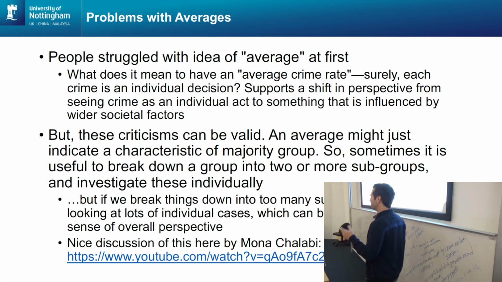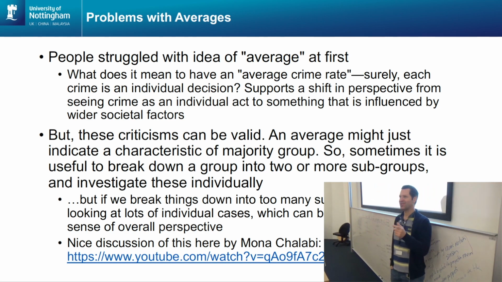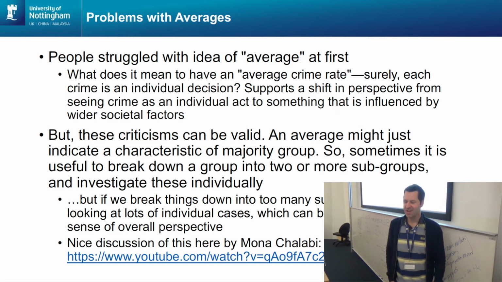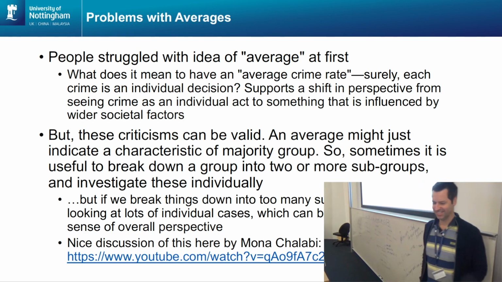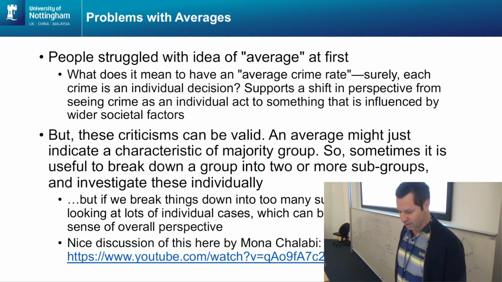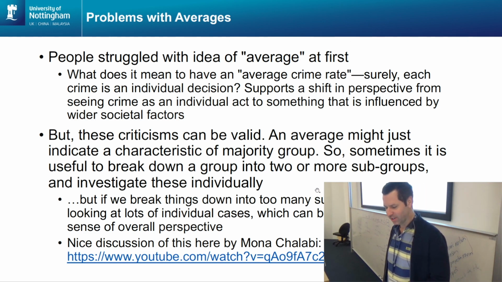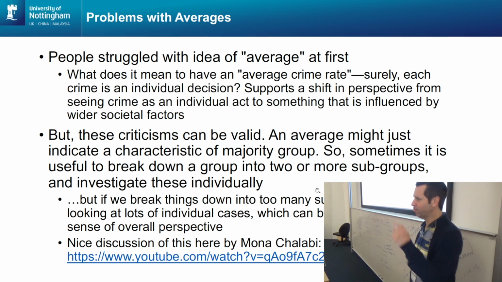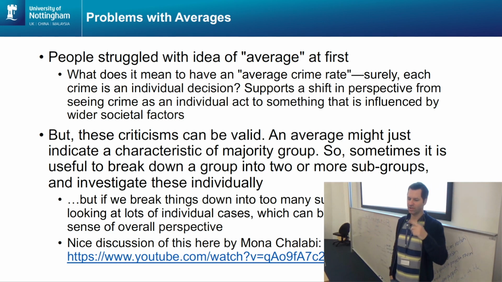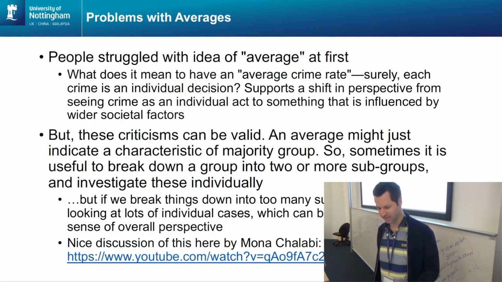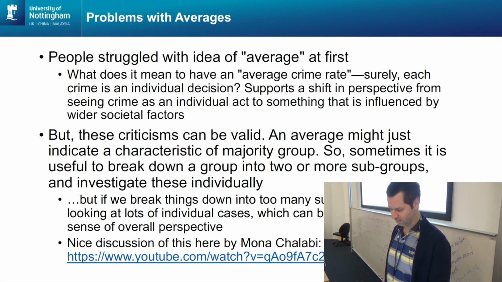Of course, the women commit a lot more crime. I'm just kidding. But it's going to produce different averages, right? So we can break things down into subgroups to get more averages, right? And if you keep recursing, then you actually get down to individual people. So there's a balance to be struck there.